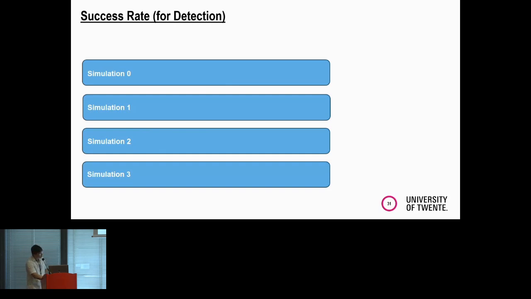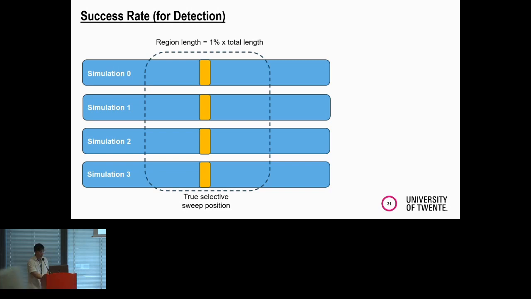Here, we define the success rate for evaluation of detection ability. Here, there are 4 simulations, and for each simulation, we generated the true selective sweep position at the center. By giving a fixed percentage of the total length, we get a target region.